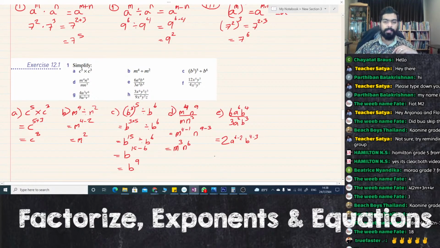Therefore, my final answer will be 2a to the power of 4 and b to the power of 1. Now this b to the power of 1, guys, you can just leave it as b, or you can also write it as b to the power of 1. But usually they will just write it like this: 2a to the power of 4 and b. If you raise it to the power of 1, usually they will not write it down. Okay, guys?